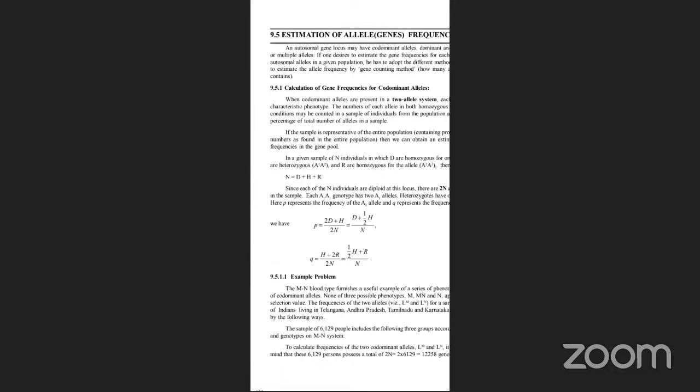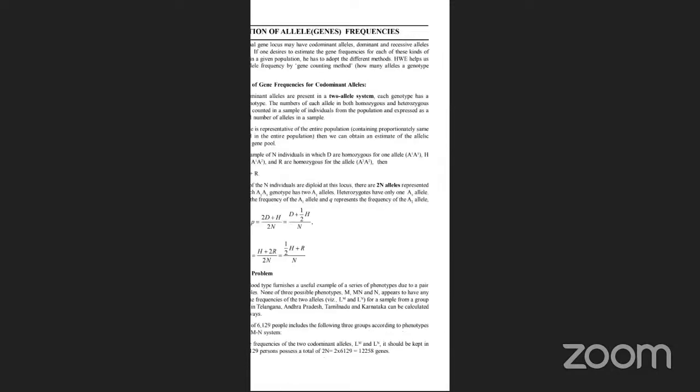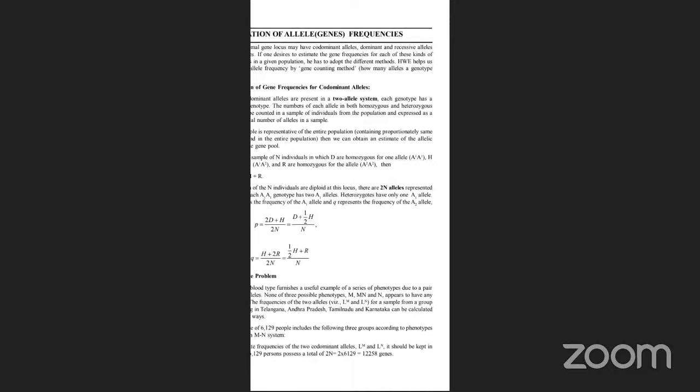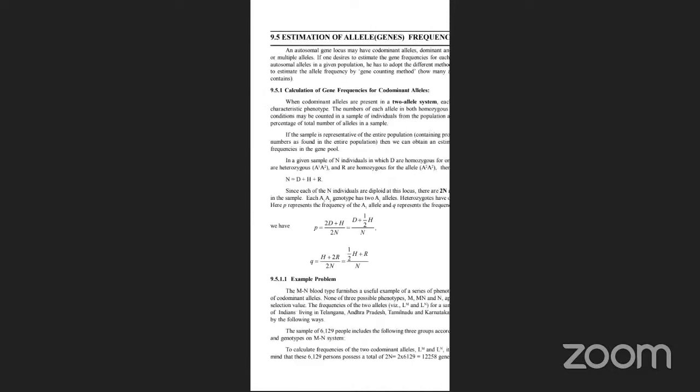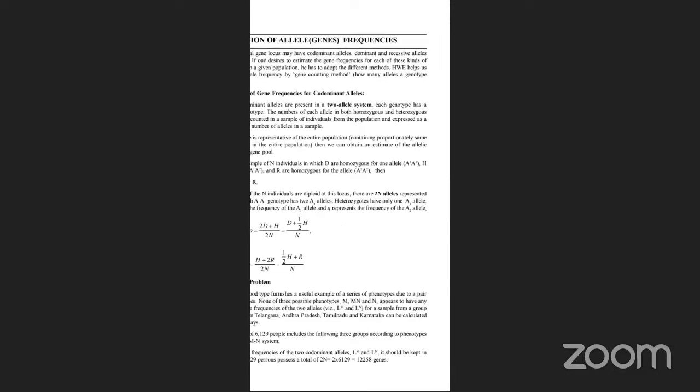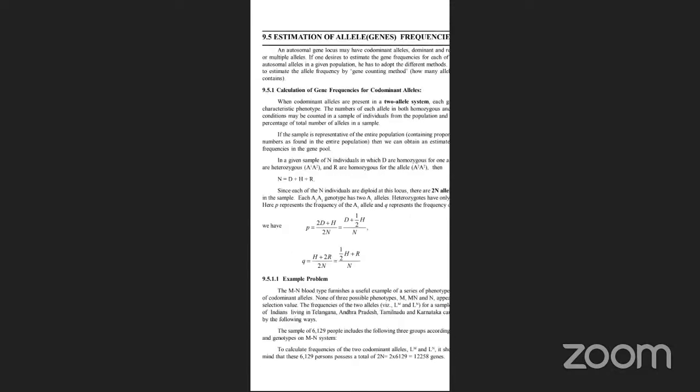Each A1A1 genotype has two A1 alleles. Heterozygotes have only one A1 allele. Here, p represents the frequency of the A1 allele and q represents the frequency of the A2 allele. p equals (2D plus H) by 2n, which equals (D plus H/2) by n. q equals (H/2 plus R) by n.